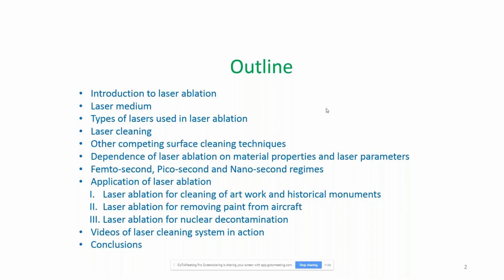And we move on to application of laser ablations, and I've singled out 3 different applications here: cleaning of artwork and historical monuments, laser ablation for removing paint from aircraft, and laser ablation for nuclear decontamination.